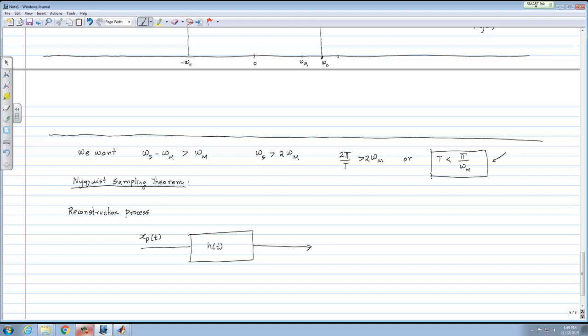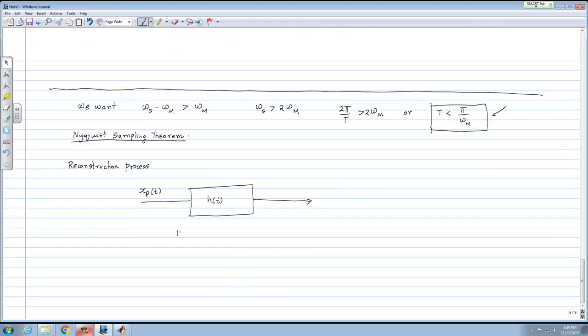But what we knew is that you want H of j omega, which is the frequency response of this filter, to ideally be that of an ideal low pass filter. So omega c is something that's between omega m and omega s minus omega m.